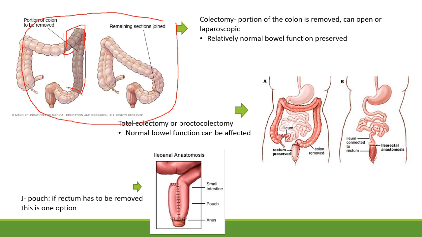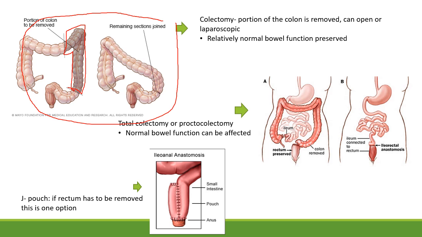So this would be the splenic flexure and the descending colon, and then they reattached and changed the shape and the location of the large intestine, so they re-anastomosed it. This is not an uncommon surgery also for patients who have diverticulitis.